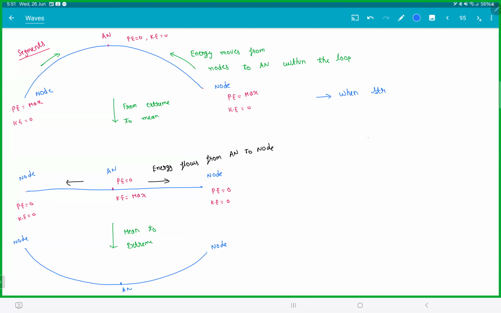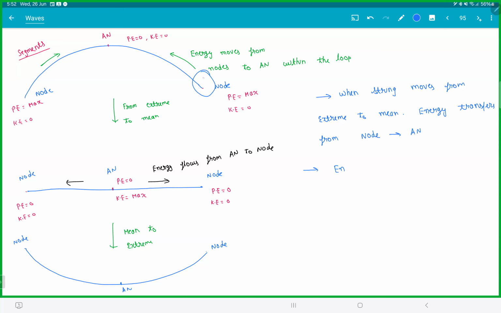When the string moves from extreme to mean, energy transfers from node to antinode, and vice versa. Second point, energy never crosses the antinode.